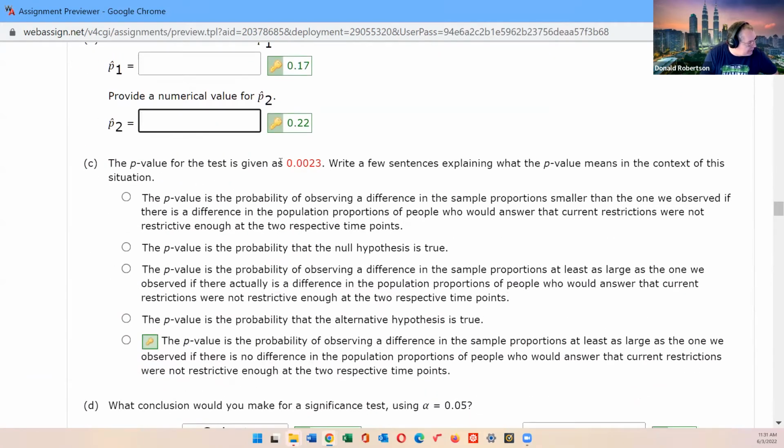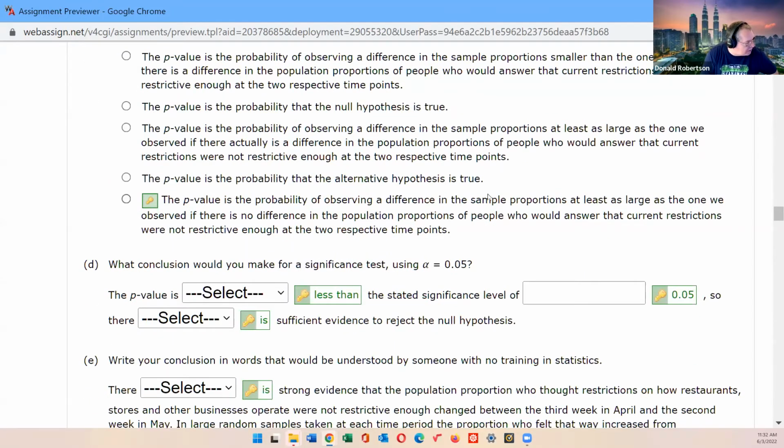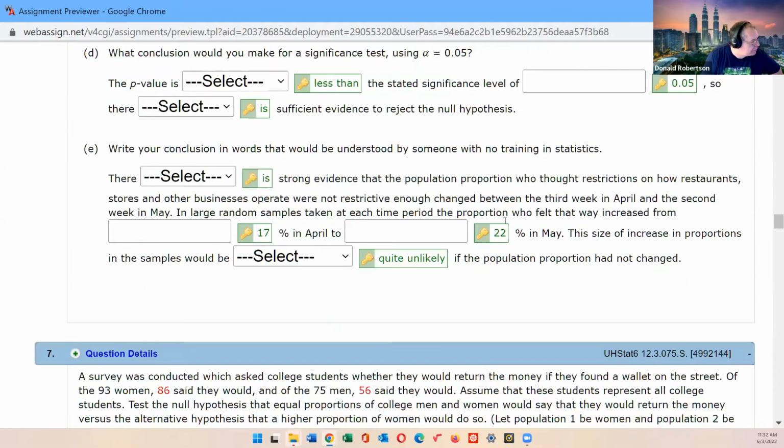And then it says the p-value for the test was this. And the sentence that they wanted you to choose was, the p-value is the probability that you got what you got, when there is in fact no difference in the population proportions.